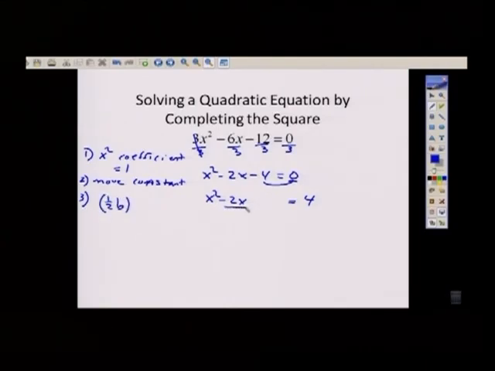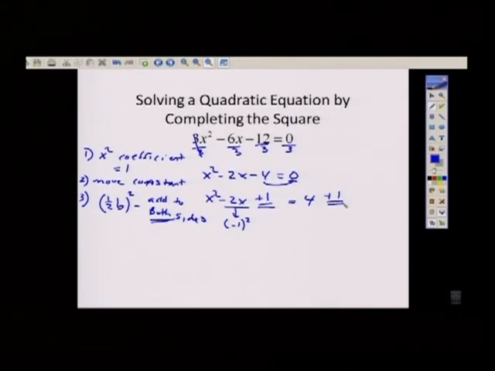The b term is the x term. Square it, and make sure to add it to both sides of the equation. If I take half of that number, I get negative 1. If I square it, I get positive 1. And the most common error is forgetting to add it to both sides of the equation.